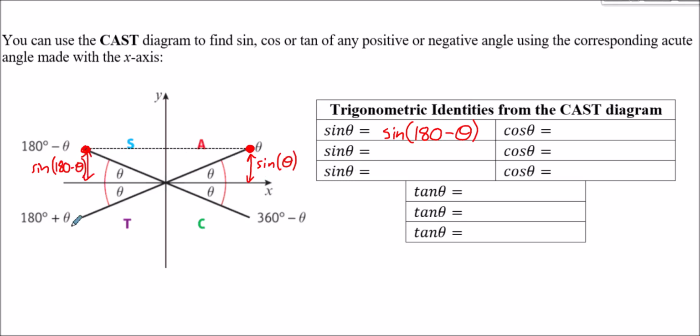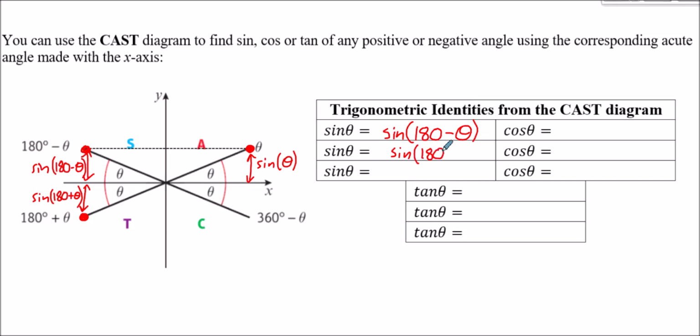Now, this one here, thinking like this angle, at this point here in red, that's going to be 180 plus theta. So, if we think about sine of 180 plus theta, and using the symmetry of this cast diagram, sine of 180 plus theta will have the same magnitude as sine theta.